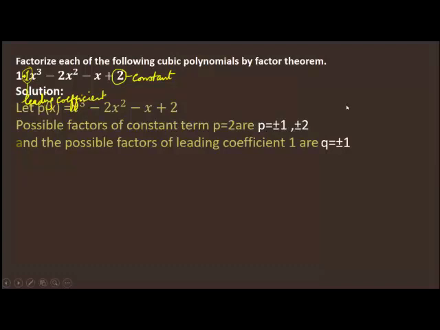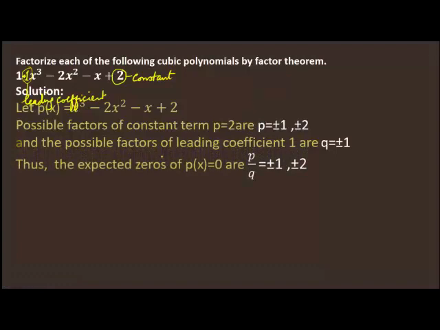So by these two, we have to find the factors of this polynomial for making it 0. This polynomial should be equal to 0.